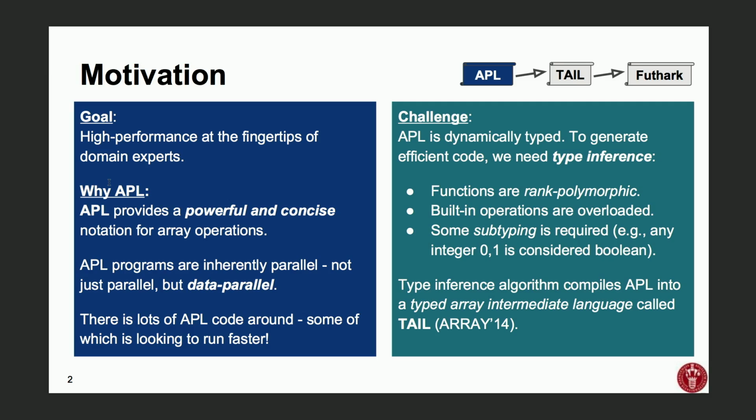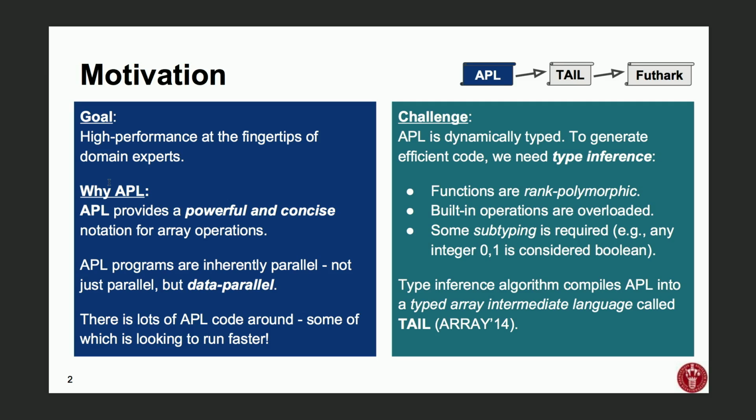We also need some kind of subtyping, as in many contexts 0 and 1 are used for booleans, and in other contexts they are really integers, and in yet other contexts they are doubles or floats. So this is some of the things that we will have to deal with.